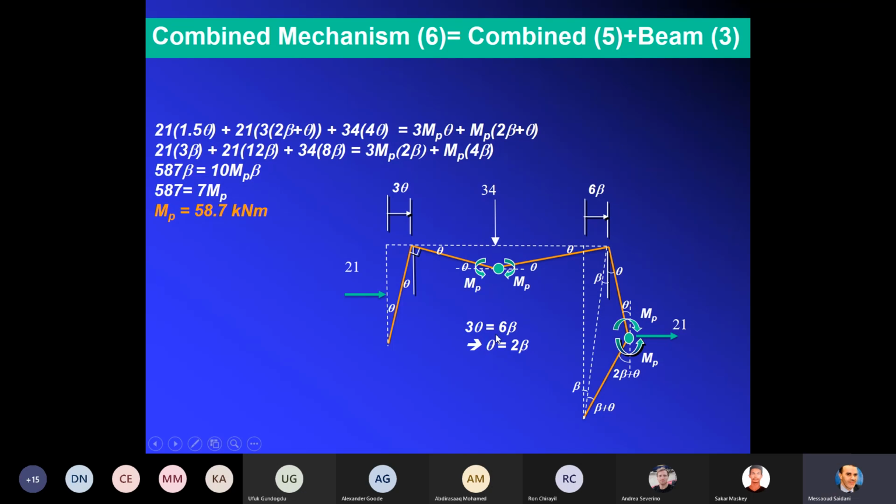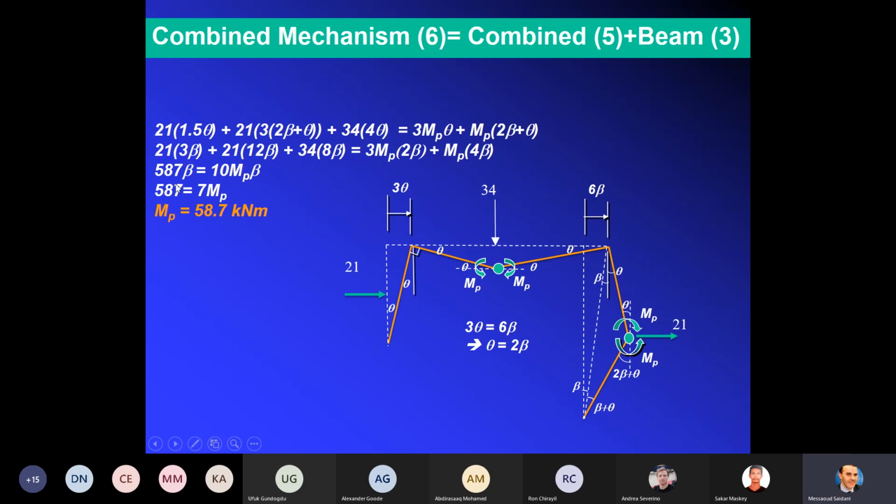Now I'm going to substitute theta by 2 beta everywhere here, okay? So that becomes 3 beta, and theta is 2 beta, so you have 2 beta plus 2 beta, that's 4 beta, 4 times 3, 12 beta, and then 2 beta times 4 is 8 beta, and 2 beta plus 2 beta is 4 beta.